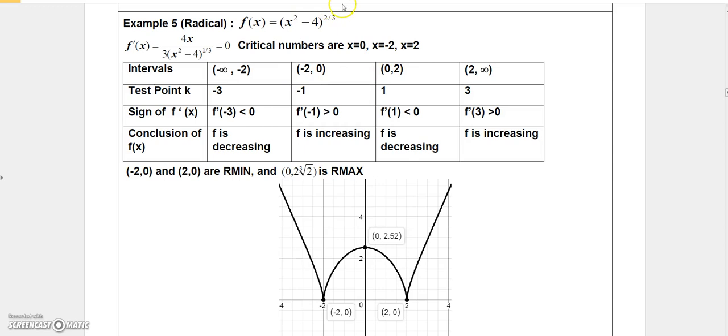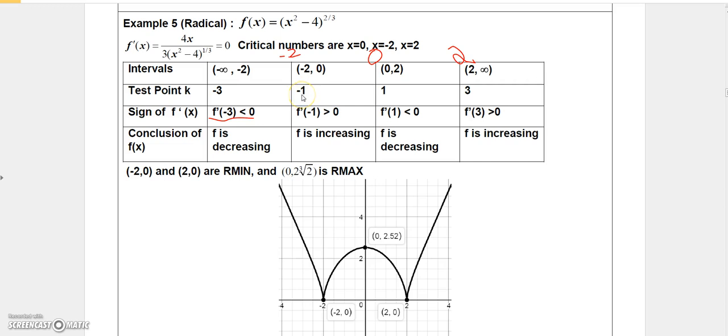So now, break the number line here at -2, break it here at 0, break it here at 2, and that gives you those 4 intervals. To the left of -2, we'll plug -3 into the derivative, and we get that the derivative is negative.